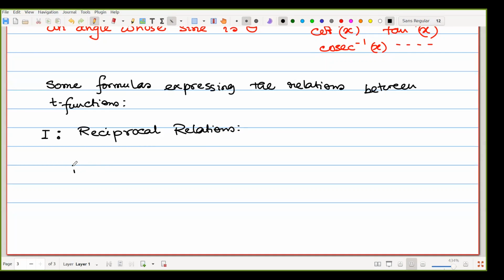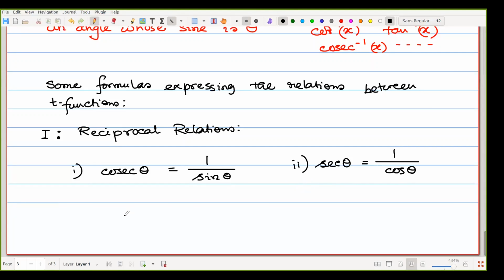Here we have cosec theta, that means 1 by sine theta. So 1 by sine theta means cosec theta, or sine theta means 1 by cosec theta. Same as sec theta means 1 by cos theta. Another one we know, that is cot theta is 1 by tan theta. How we can say it?